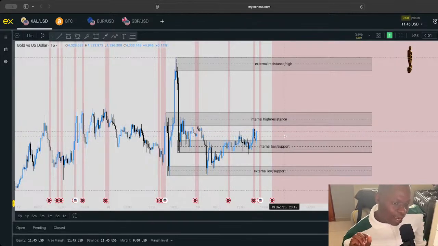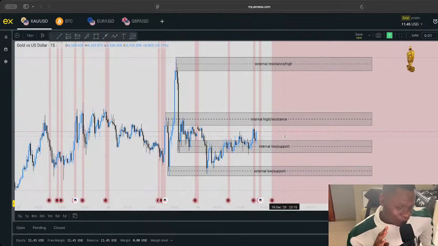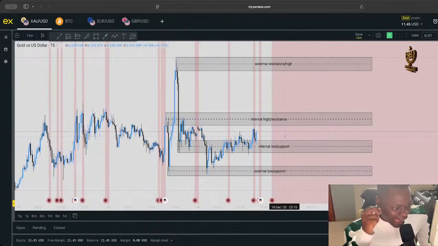So these are the levels that are very crucial when you are trading gold. Every time before you take any trade, make sure you have these 4 levels marked and labeled in your chart. When they are labeled, you have an idea of where price will likely go or how price will likely react.